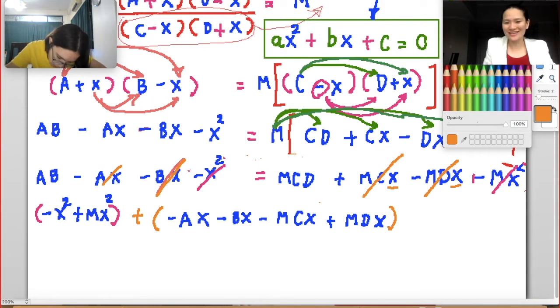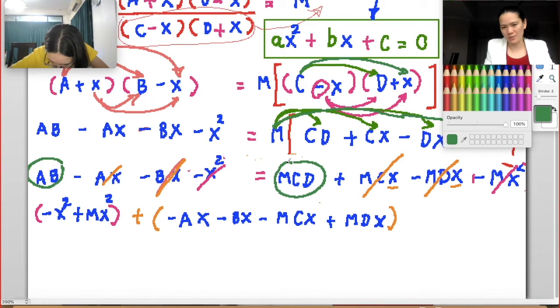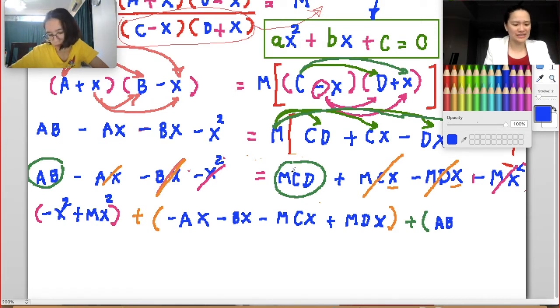Just look at this one. Can you see that AB and MCD is just a constant number? So AB still here, plus AB here, AB at the same place. Then I move negative MCD, positive MCD, to the other side of the equation.